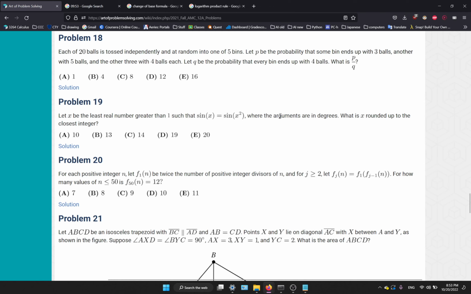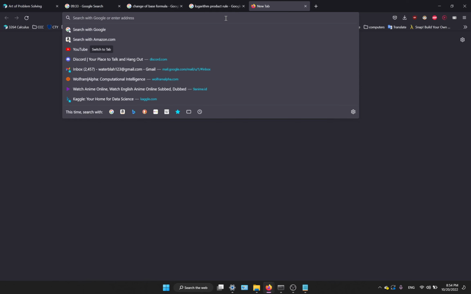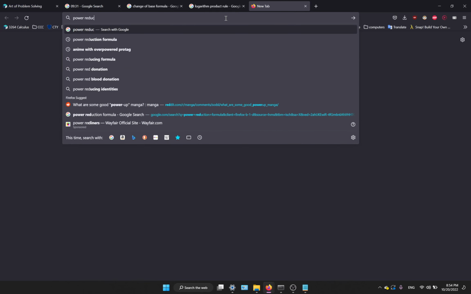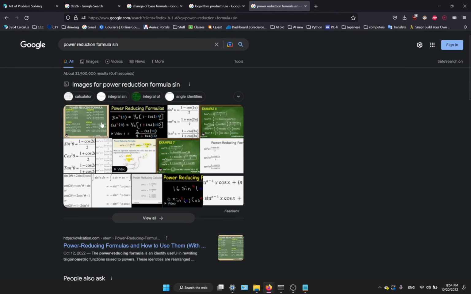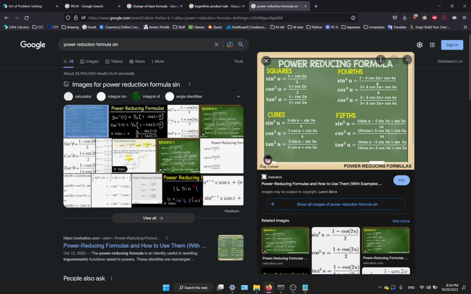So we know sine x squared is... I forgot the power reduction formula. Sine of x times sine of x, which doesn't really help. That's the wrong formula! Oh no. So you can't actually do that.